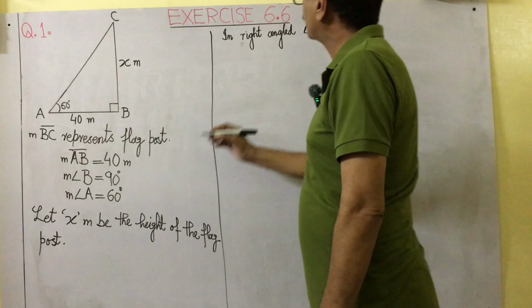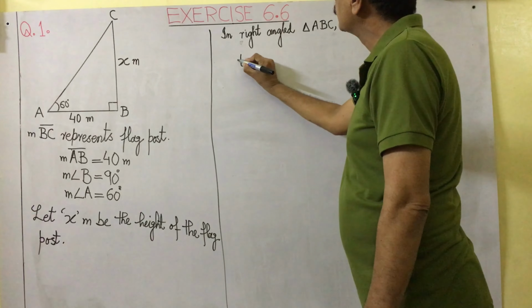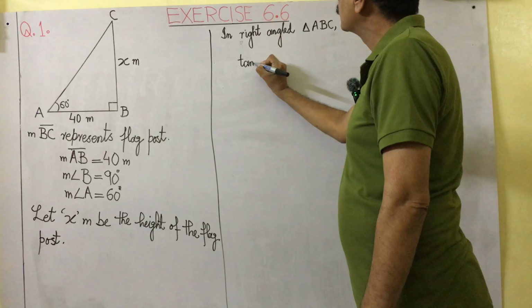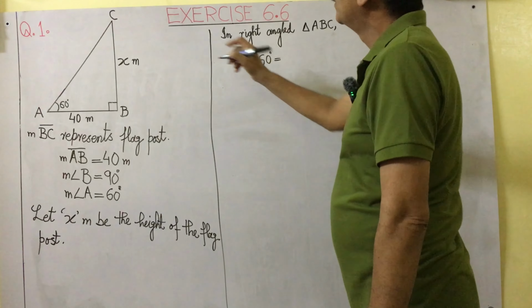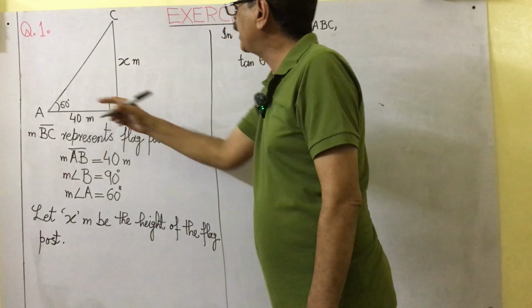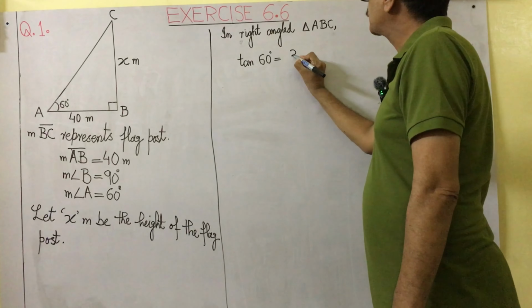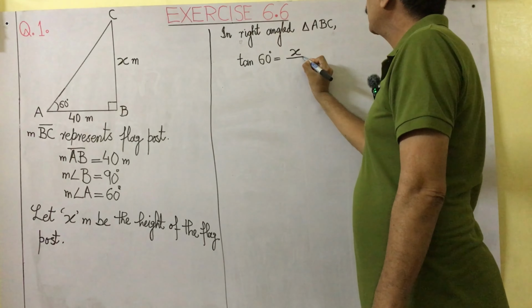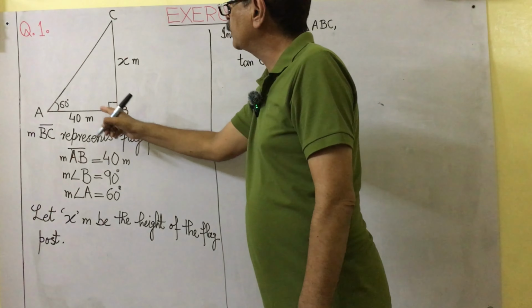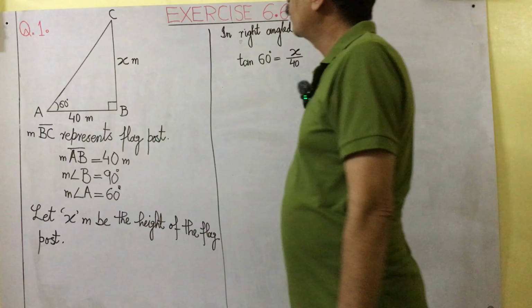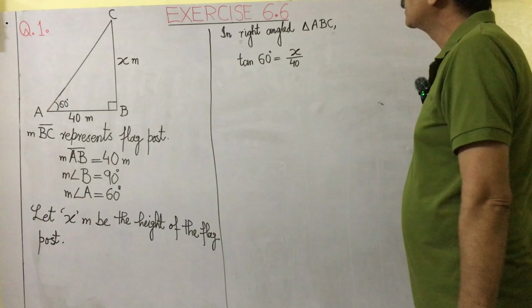tangent of 60 degrees is equal to perpendicular over base, that is x over 40. Perpendicular x meters, base 40 meters.